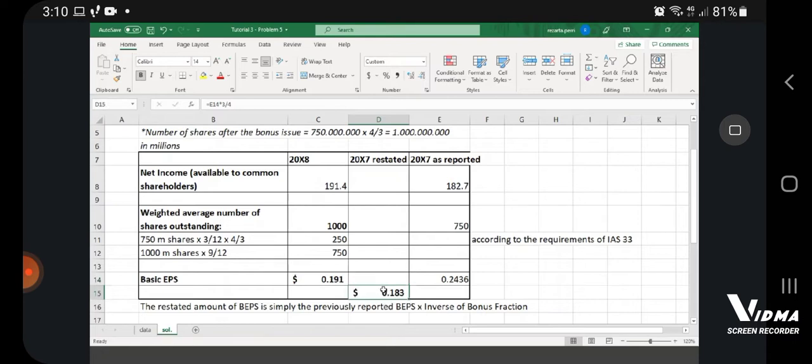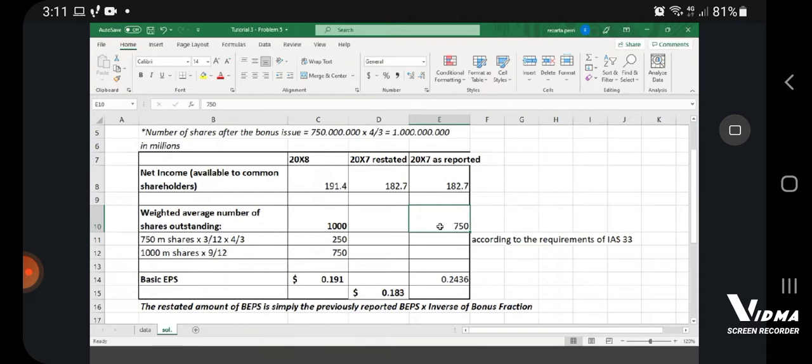So for the moment, let's pass that figure over here and let's assume another way of trying to calculate the basic earnings per share for 2017. Another way, not a shortcut like the one we are mentioning here, is to take the net income for 2017, which is 182.7, and to regard as the weighted average number of shares outstanding not 750.